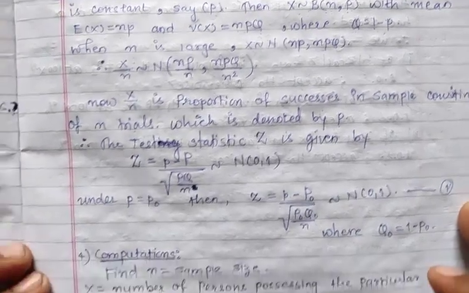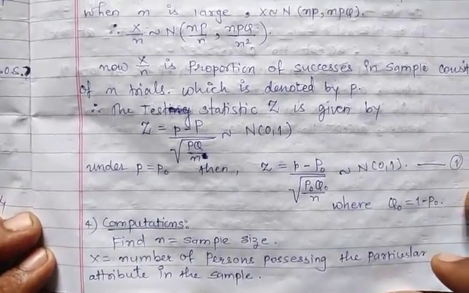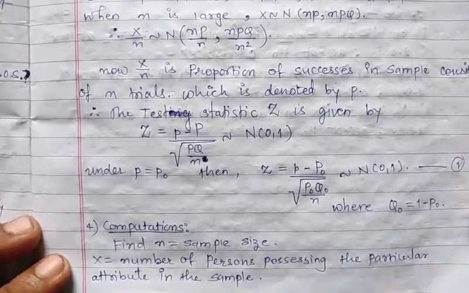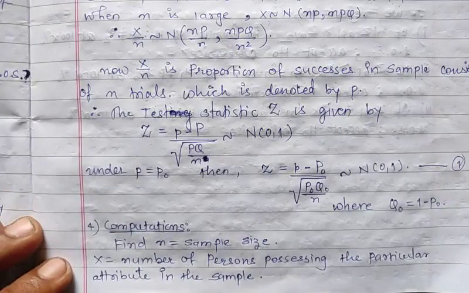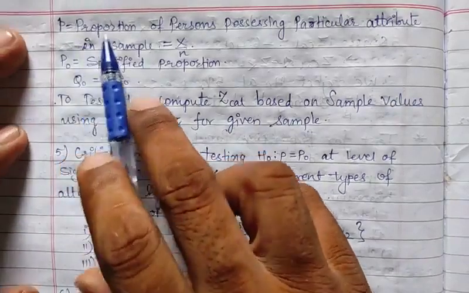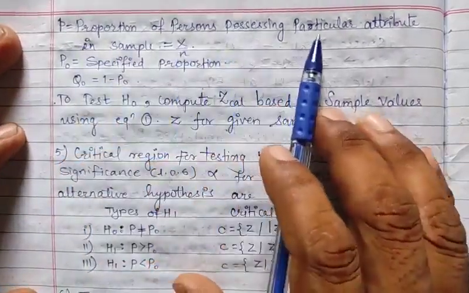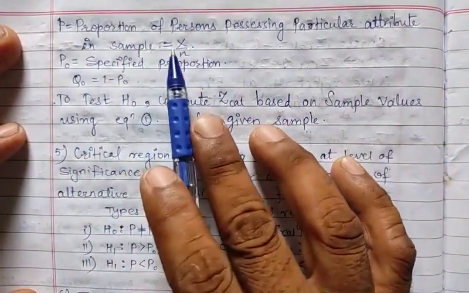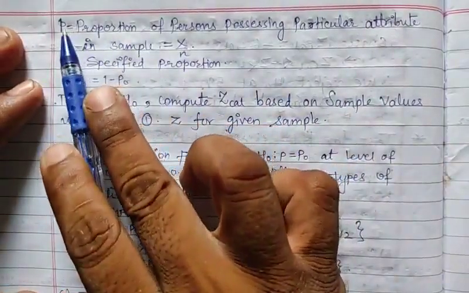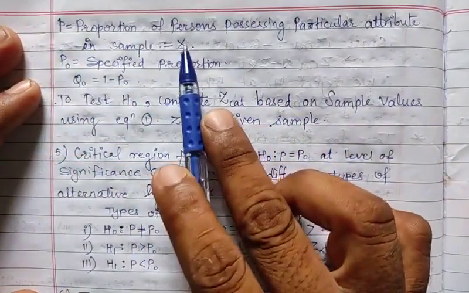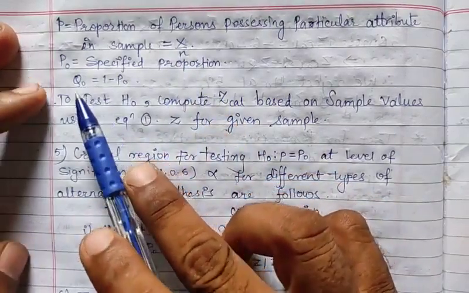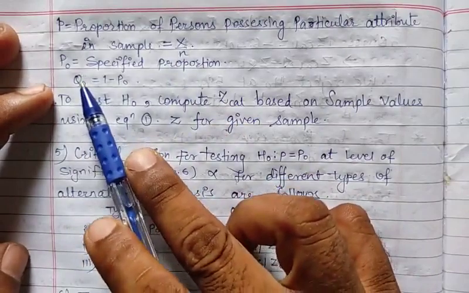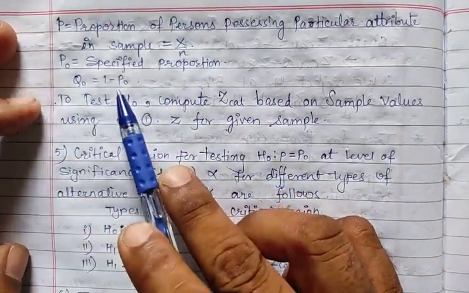To compute, we find n, the sample size; X, the number of persons possessing the particular attribute in the sample; and small p, the proportion of persons possessing the particular attribute in the sample, calculated as X by n. P naught is the specified proportion and Q naught is found from P naught, so Q naught is 1 minus P naught.